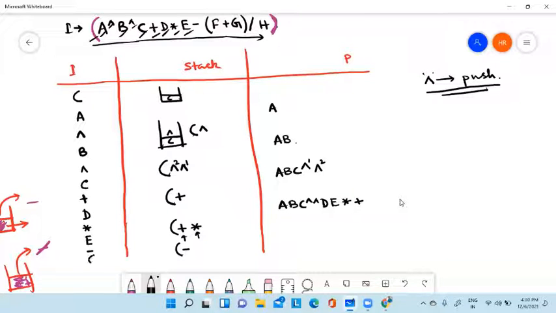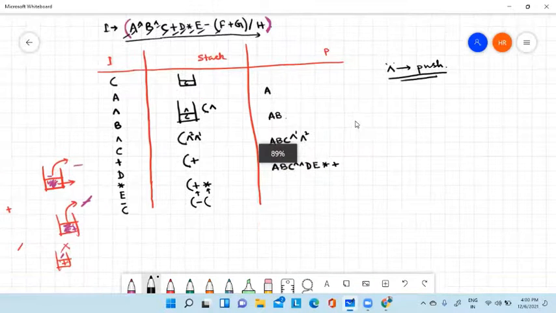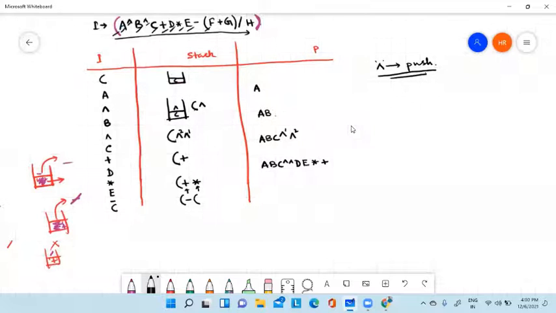Then a left parenthesis, and left parenthesis is always pushed. Then F, next we encounter F, which is again an operand, so it will be added here.